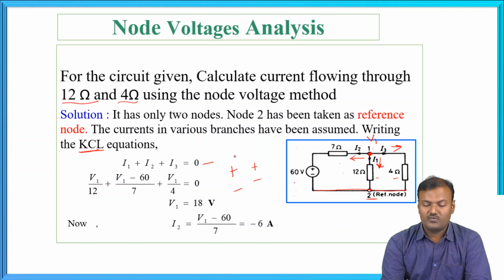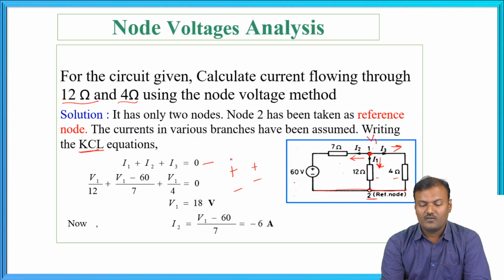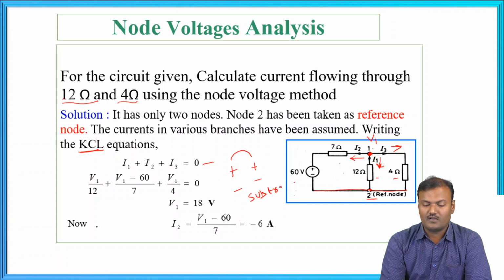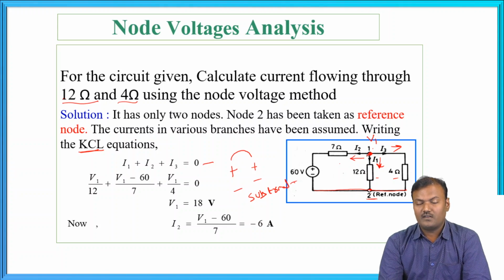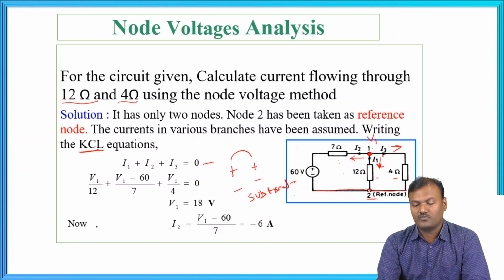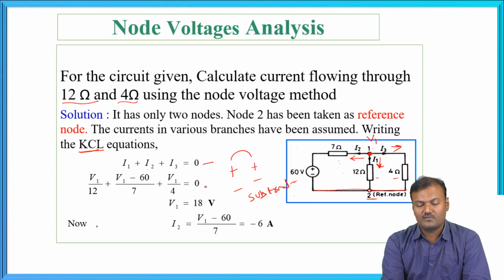When we need to add two potentials, two dissimilar ends are to be joined. If we join two similar potentials, the potential is going to be subtractive. So the same concept is applied here. V1 is the highest potential, so V1 minus 60 divided by 7, plus the next one is V1 divided by 4, that is the current flowing through 4 ohms. So the sum of these three currents is equal to 0.